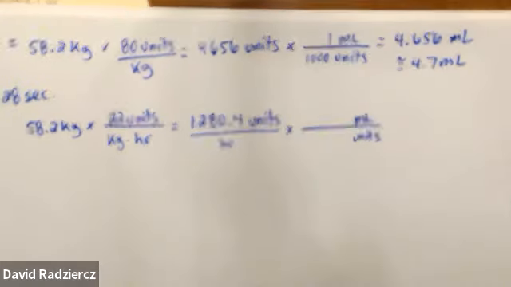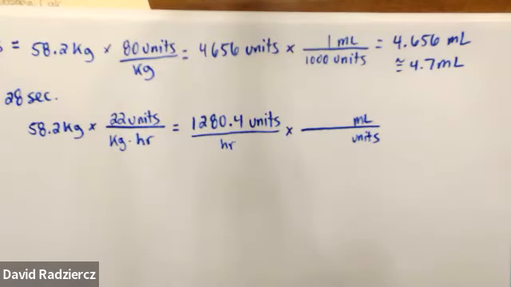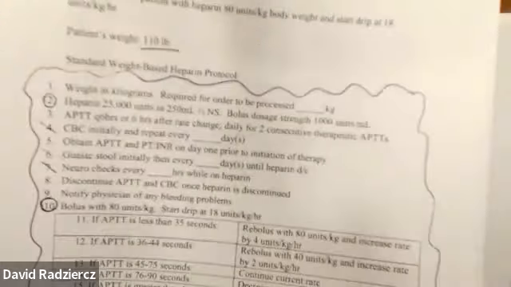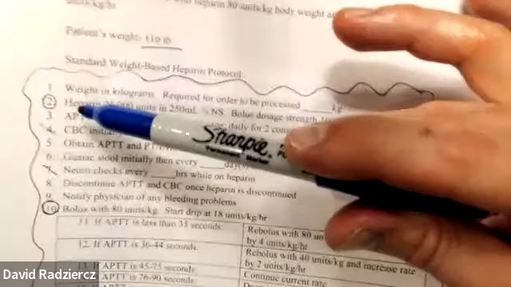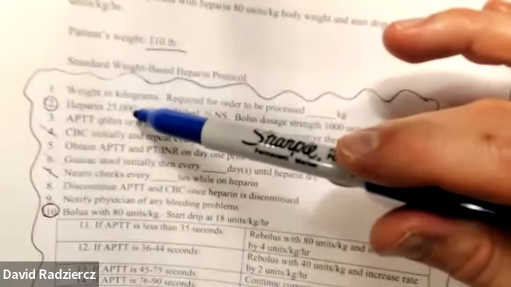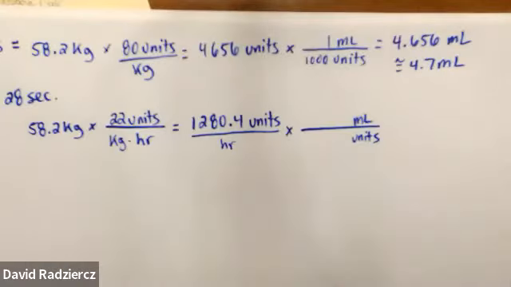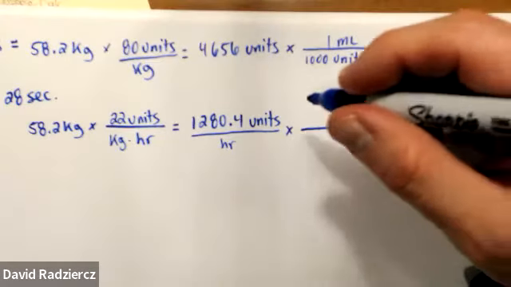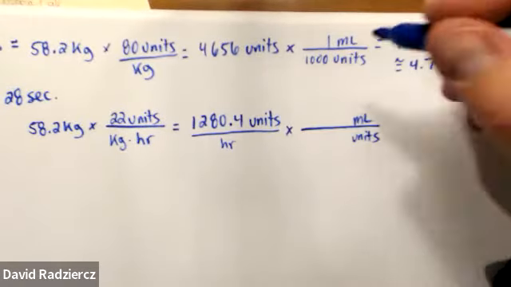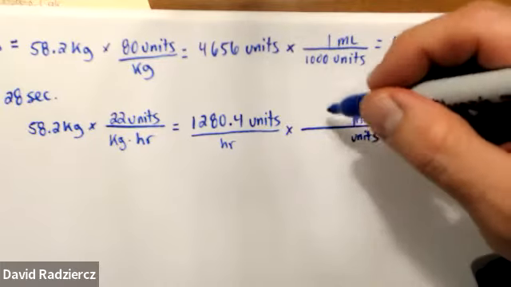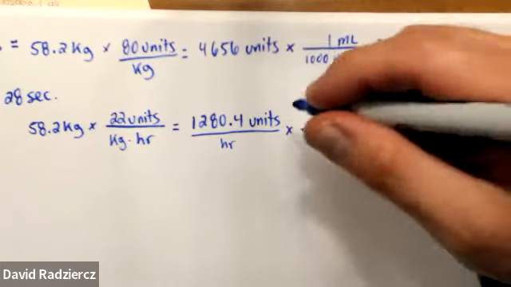I'm going to go back to step 2 of the protocol. Looking at step 2: heparin 25,000 units, 250 milliliters, half normal saline. That's what I'm going to use for the infusion. I use the bolus strength for the bolus and I use the IV for the infusion.